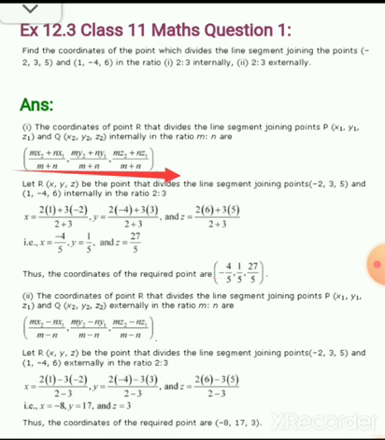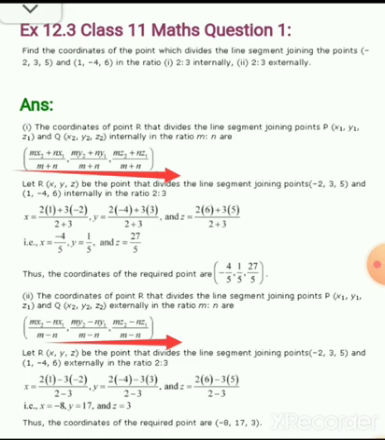Next, the second part is the coordinates of the point R which divides the line segment joining the points P(x1, y1, z1) and Q(x2, y2, z2) externally in the ratio m:n. So just replace here the sign, that is instead of plus use minus. Use this formula in the same way as the internal division. Substitute the values for m and n and x1, y1, z1, x2, y2, z2.